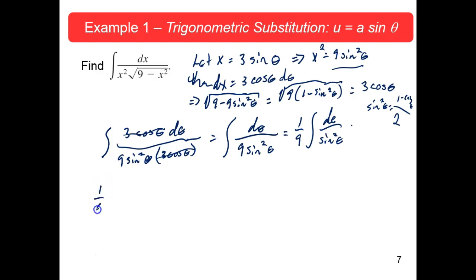So this will be 1/9 times the integral d theta, and the 1 over sine squared, that was going to flip this over, so that's going to be a 2 over 1 minus cosine 2 theta, which is not particularly pretty. In fact, that may not be the way to go on this. In fact, I don't think it is the way to go on this.